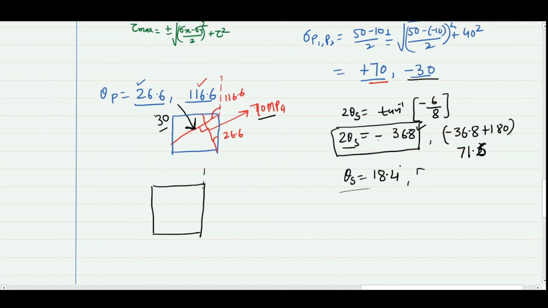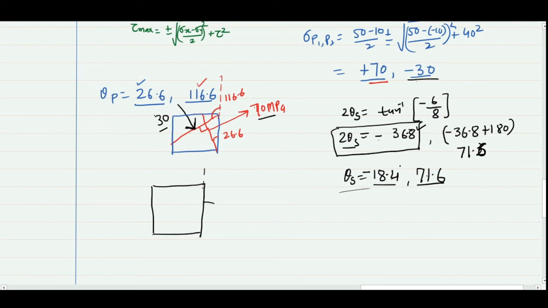So the second will be 71.6 and the other one will be 18.4. You can see these two planes are also 90 degrees to each other, but this is with the negative sign. So how do we represent a negative angle? We always measure counterclockwise, so here we have to measure a plane in the clockwise direction.